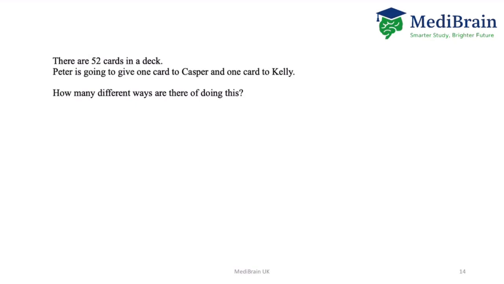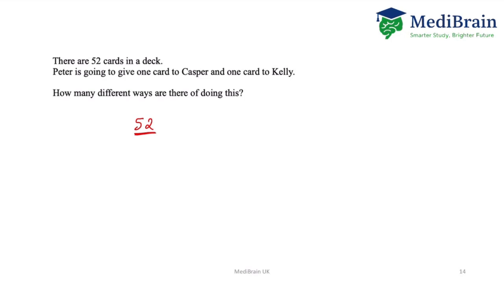How many different ways are there of doing this? There are 52 cards in one deck, and you're giving one card to Casper and one card to Kelly. If we give one card to Casper, it can be any of the 52 cards.